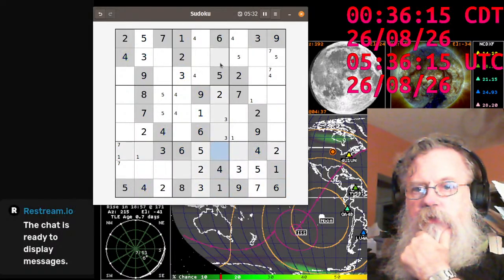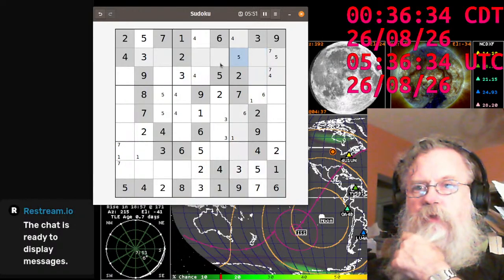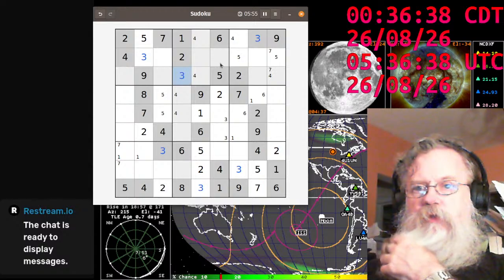Got a 6 here. Looks like that's a 6, so one of these 3 is going to be a 6. Don't see anything useful for figuring that out quite yet. And up here I've got 2 possibilities for a 6 there, 3 possibilities here because of this. Here I've got 3 possibilities.